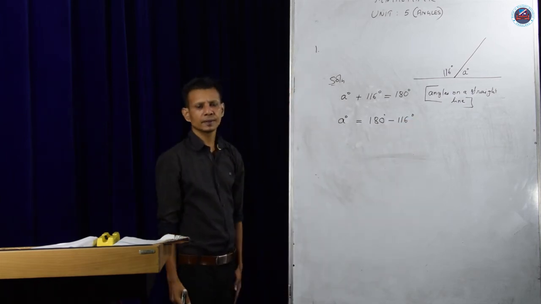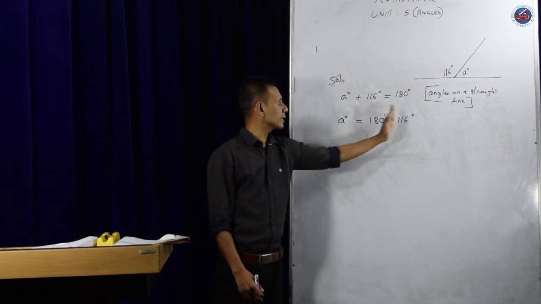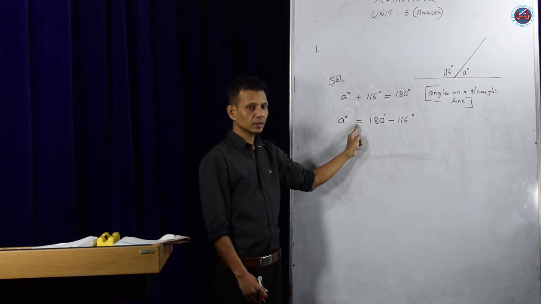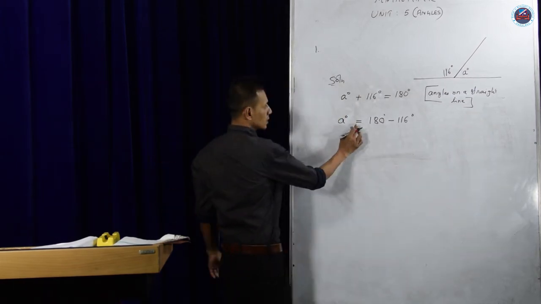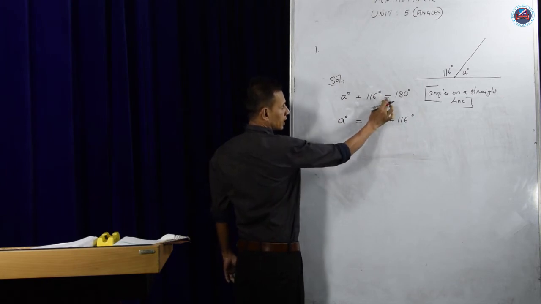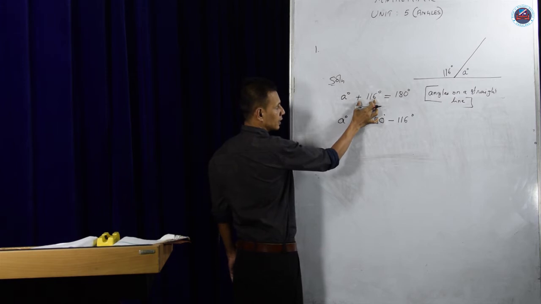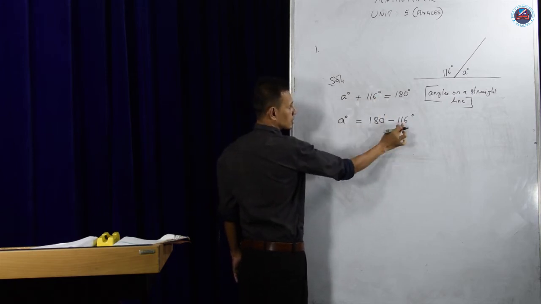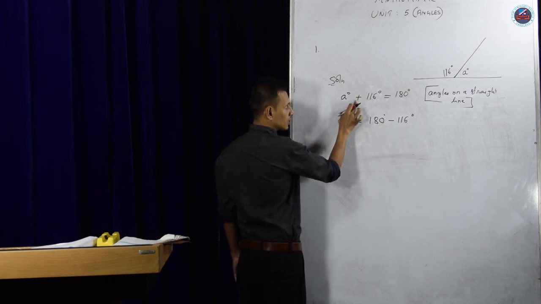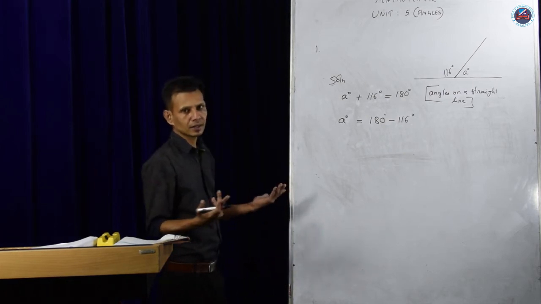That's it. See now, 116 is on the right hand side. Nothing changed. 116 is still there. Only the sign changed. Plus 116 became minus 116. Simple, right?